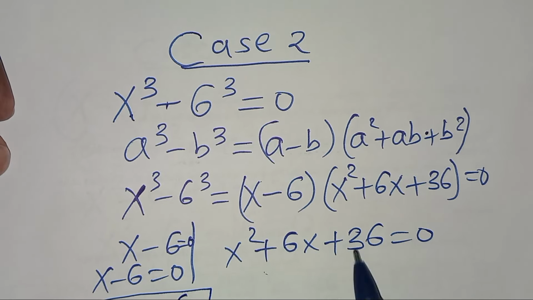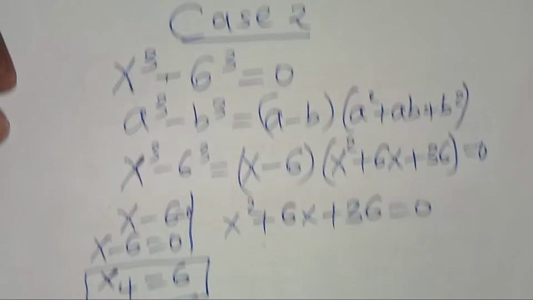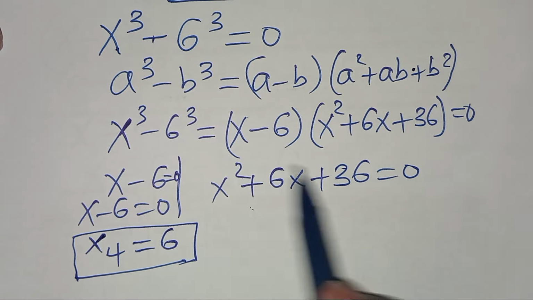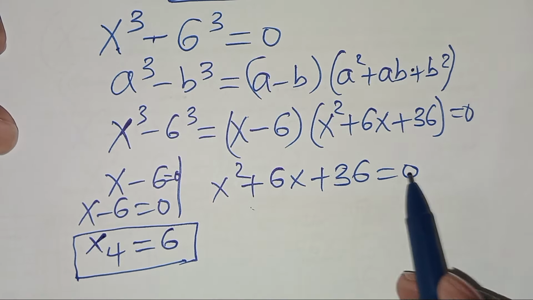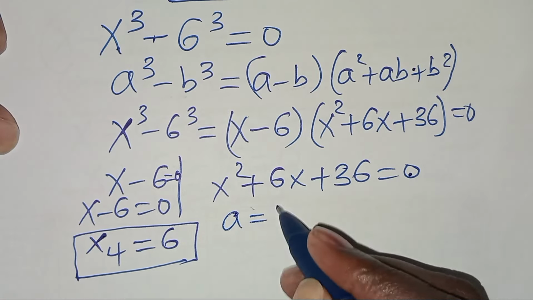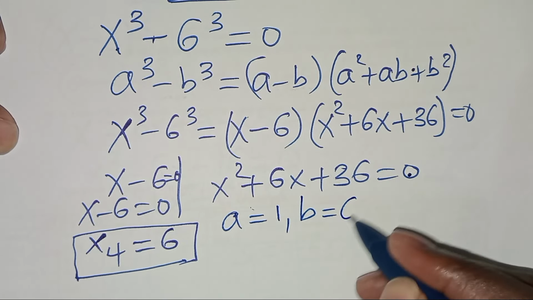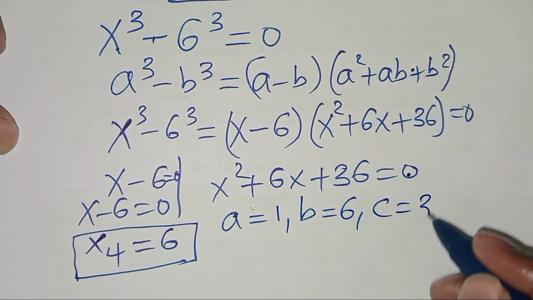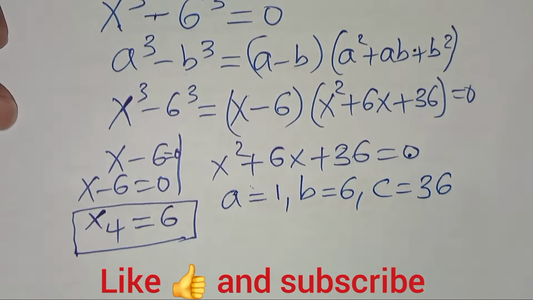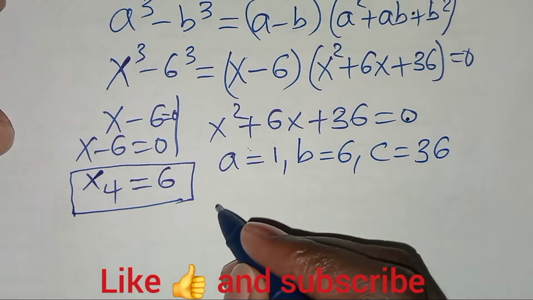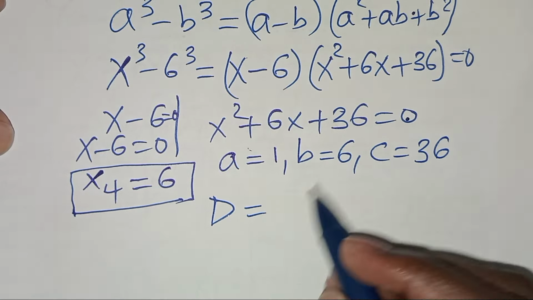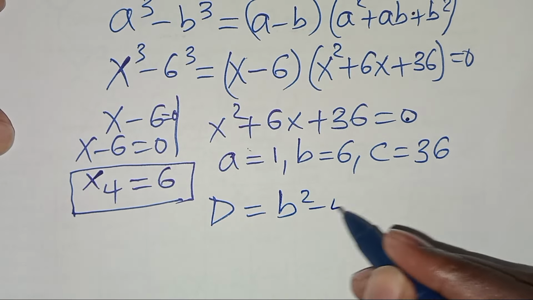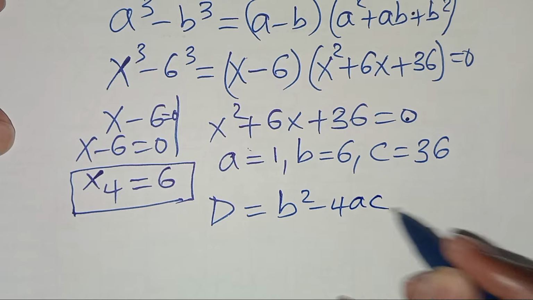Now let's get the other possible values of x from this quadratic equation. We have x squared plus 6x plus 36 equal to 0. So the value of a here is 1, b is 6, and c is equal to 36. Now assessing the discriminant value, so that we can know the nature of the roots of this quadratic equation, this is b squared minus 4ac.